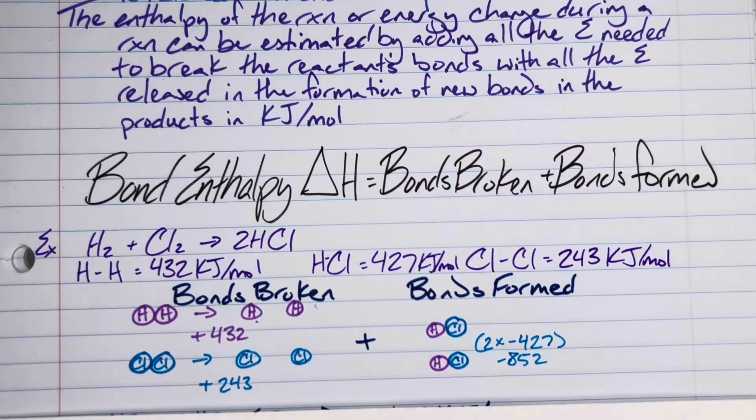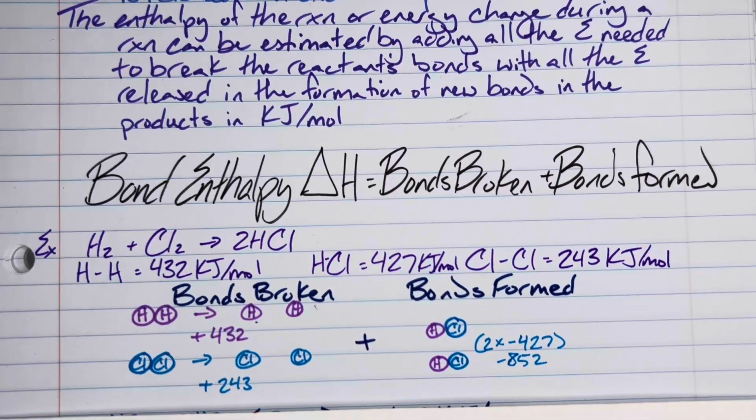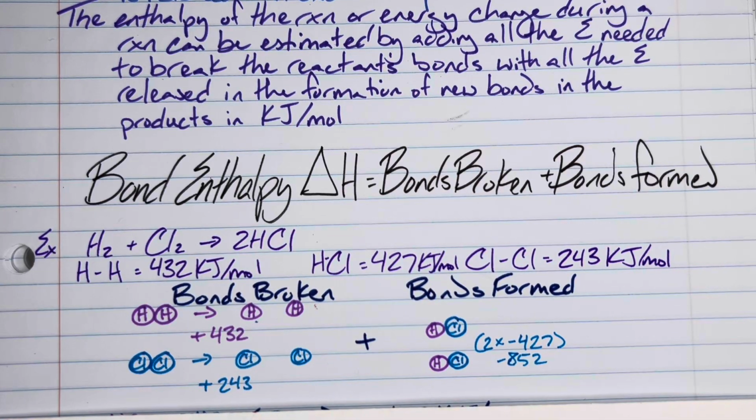And then for my formation of bonds, I am forming the hydrogen chloride bond, which is going to release energy. So whereas I had to put in energy and thus my enthalpies are positive for my bonds broken, for my bonds formed, I am releasing that energy as I form my bonds.